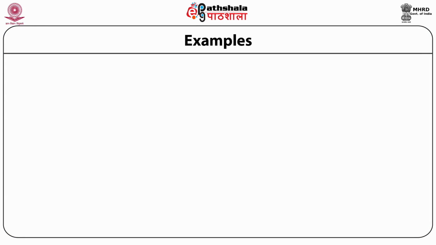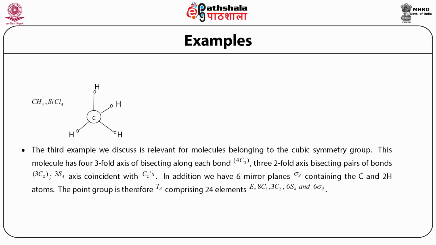Now I will give an example to see how to classify the symmetry group of a molecule. So let us consider the molecule CH4 or SiCl4. This molecule has a carbon atom with 4 hydrogen atoms bonded to it, or a silicon with 4 chlorine atoms.